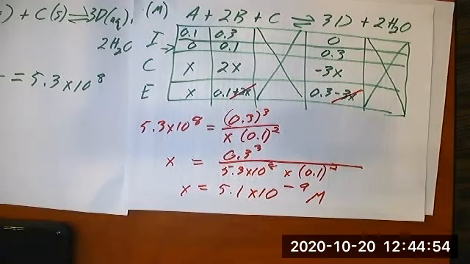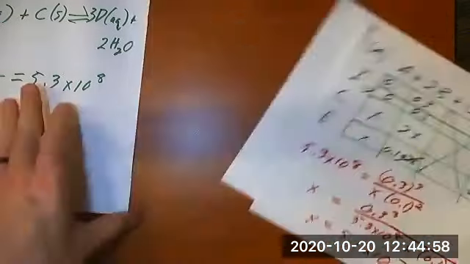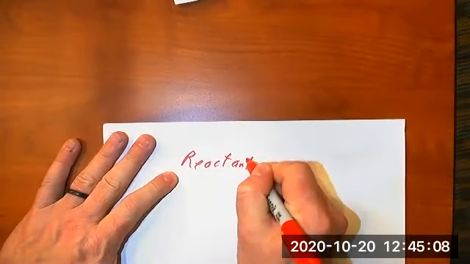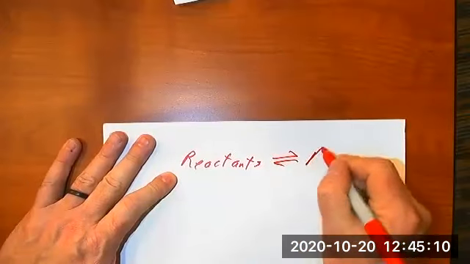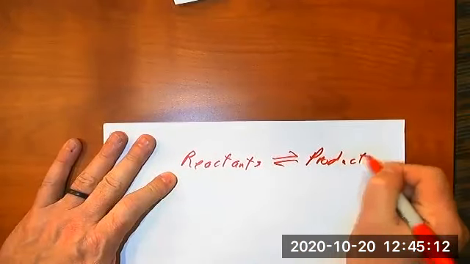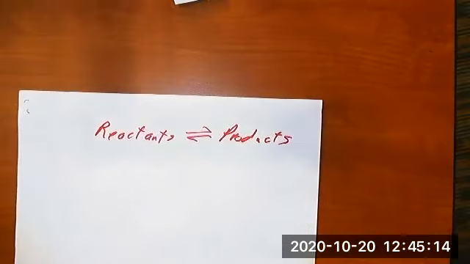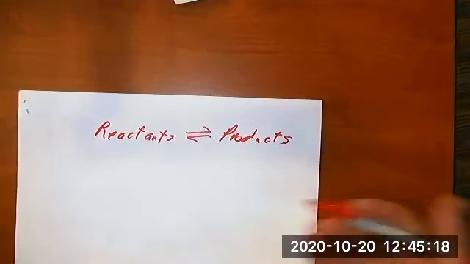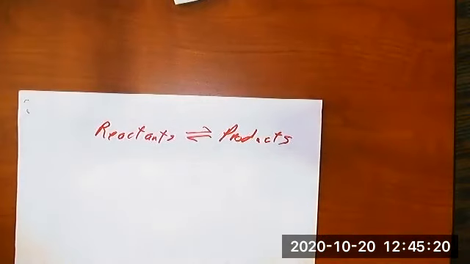Okay, absolutely. So the general idea for Le Chatelier is we have an equilibrium, and whatever perturbation we apply, the reaction shifts in the direction to reduce the effect of that perturbation.